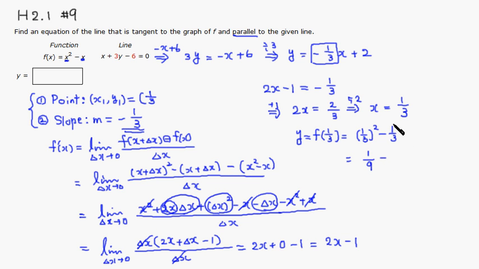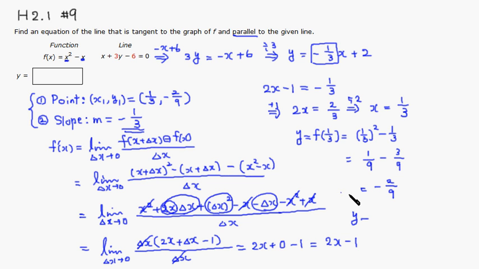Minus 1/3 is the same thing as 3/9, so this is going to be -2/9. So y1 is -2/9.